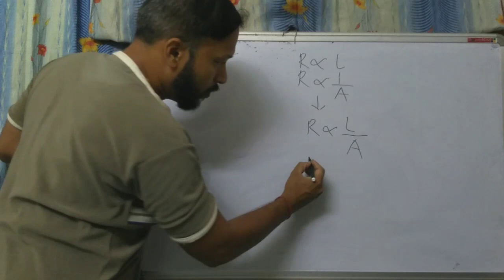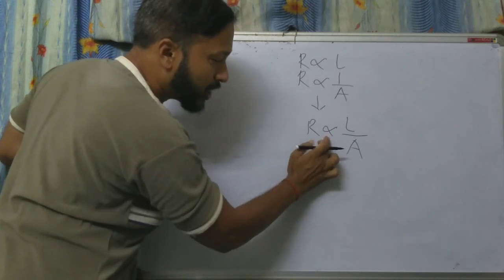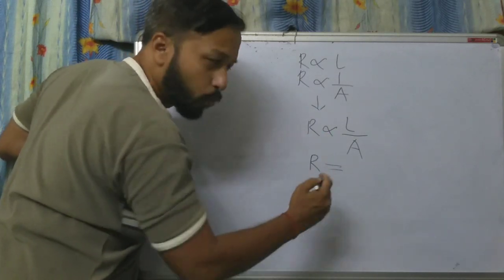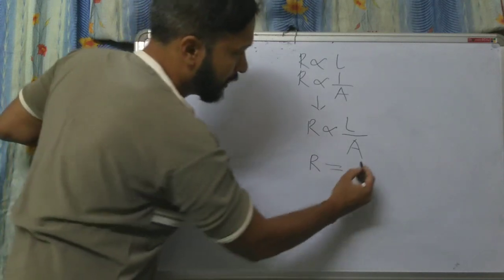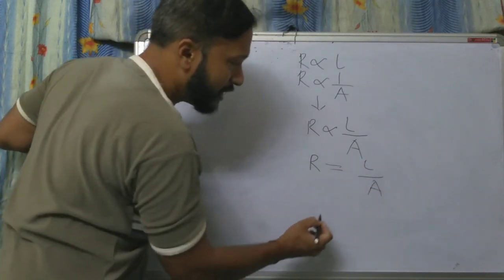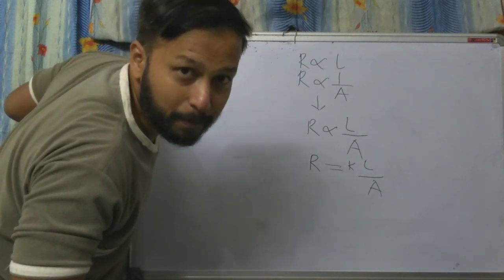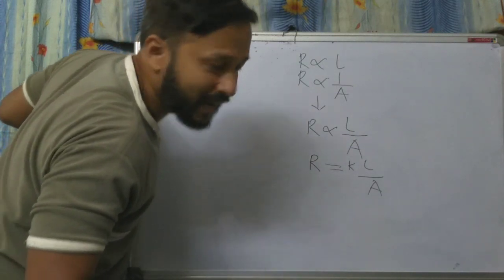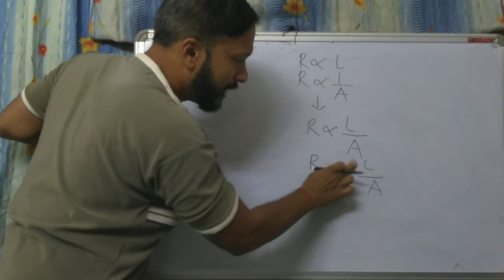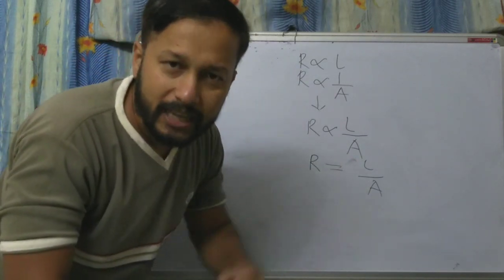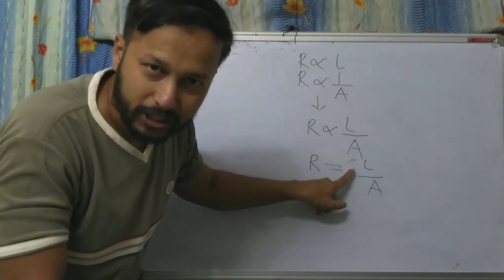Fine. Now, if you convert this proportional sign into equal sign, one constant will come. K times L by A. Fine. So K is my constant, but here I am not going to use K. I will use a special symbol for this constant.